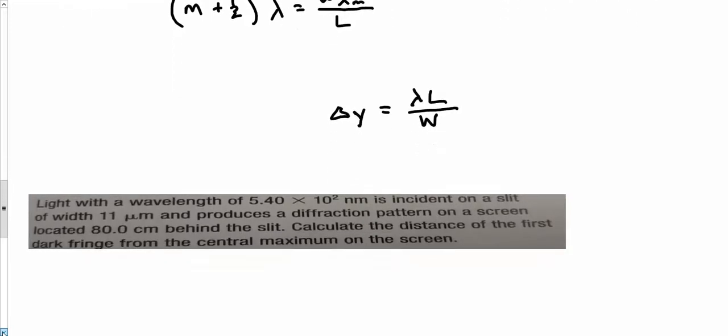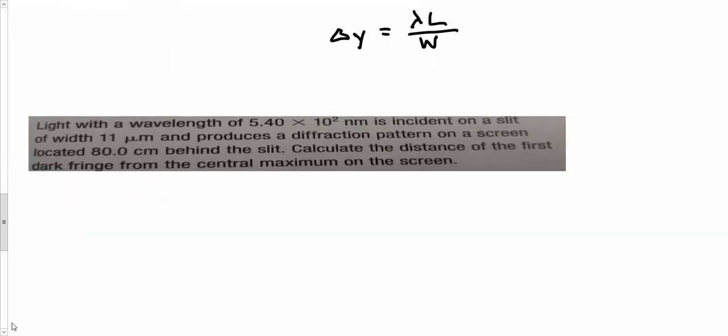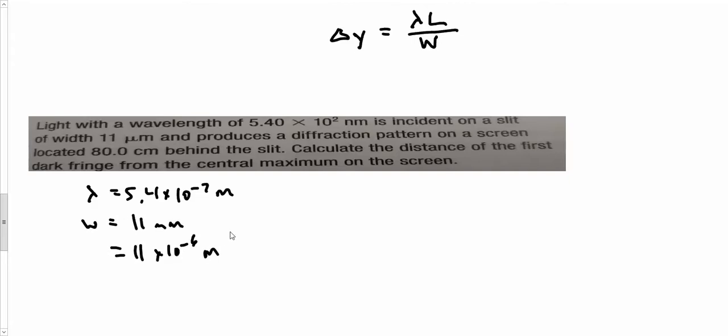So let's try a single slit question. Lambda is 5.4 times 10 to the minus 7 meters. Trust me, that's the way this works out. Slit width is 11 micrometers, which is 11 times 10 to the minus 6 meters.